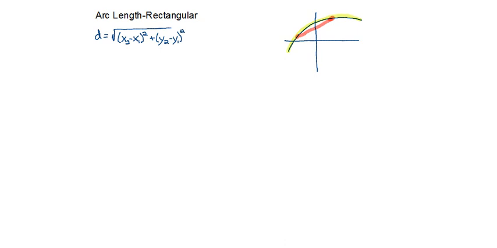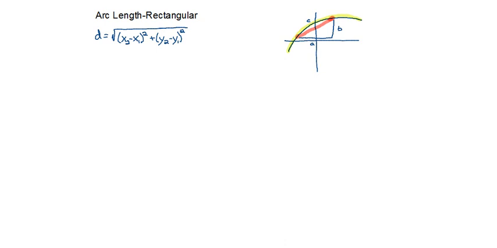You learned that a long time ago. That is just a form of the Pythagorean theorem when you make this triangle. Your change in x is your a, your change in y is your b, and your c is the square root of those two added together when you square them.